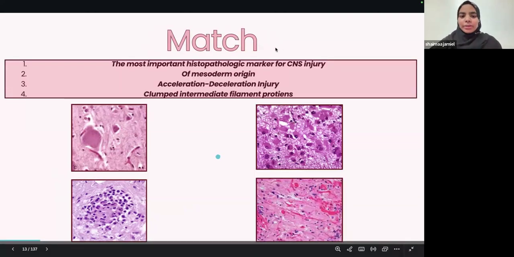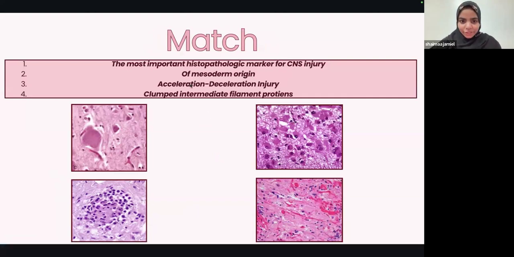Okay. So now I just want you to match the number with which picture. And then what's it called? Tell me what you see, okay? So the most important histopathological marker for CNS injury, is it A, B, C, D?